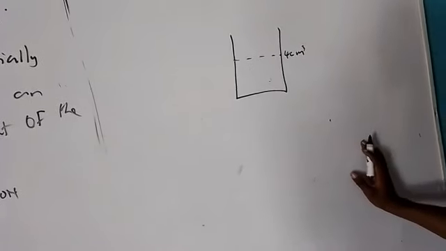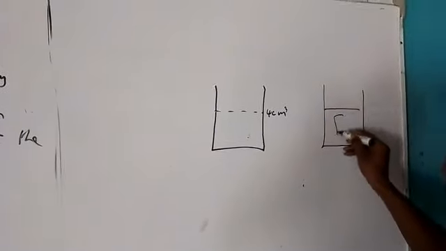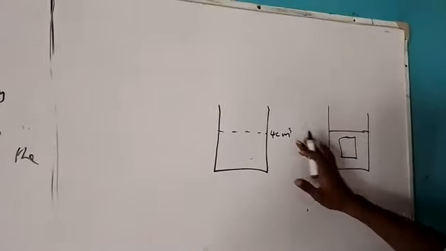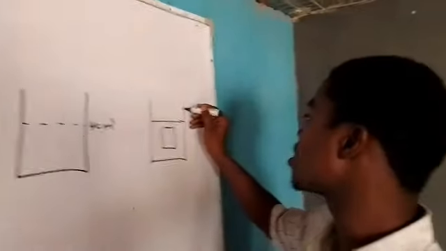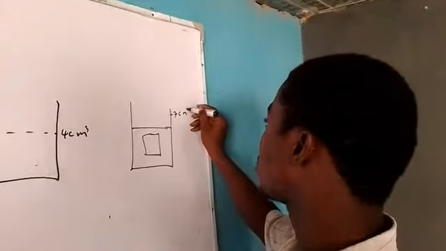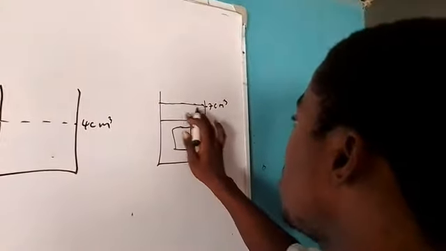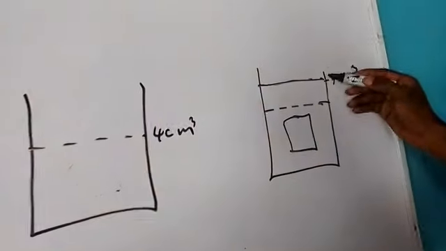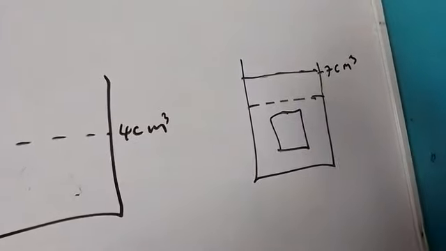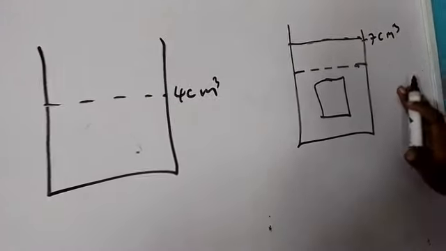Now, when you immerse a body inside this water, you know that the level will increase from 4 centimeters cube to, let's say, 7 centimeters cube. The difference in volume, 7 minus 4, is what? 3 centimeters cube.